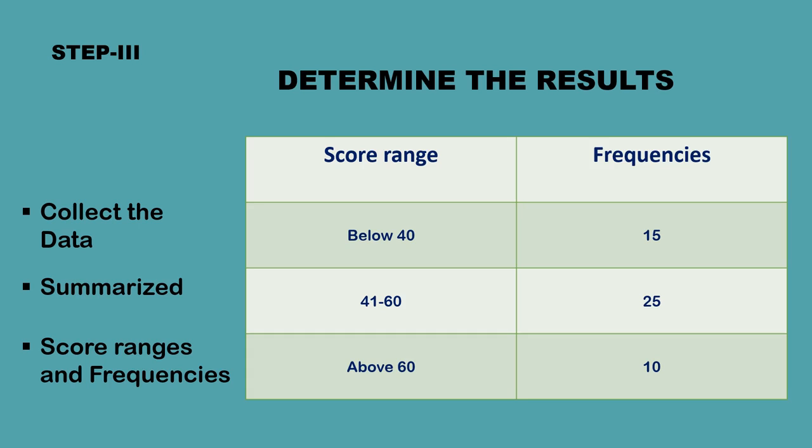Frequencies 15, 25 and 10 students. In this table, 15 students are scored below 40. 25 students are scored between 41 to 60 and 10 students are scored above 60 marks. From this information we can move to next step.